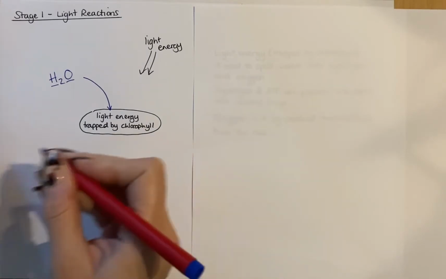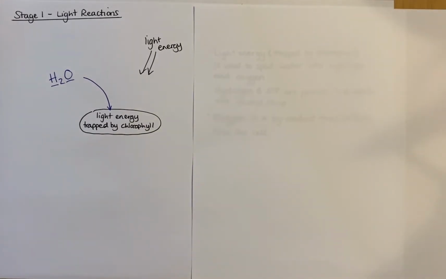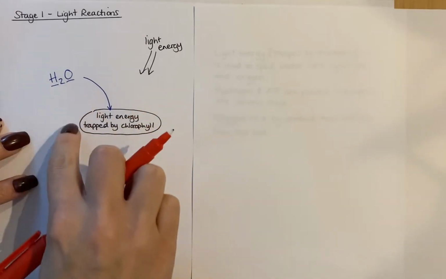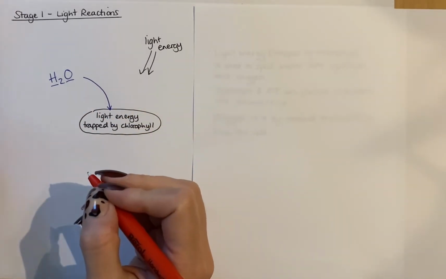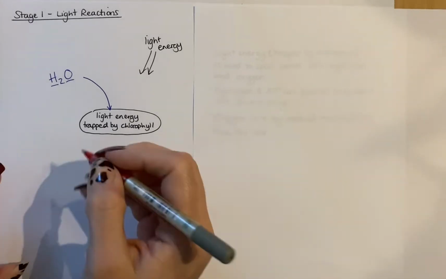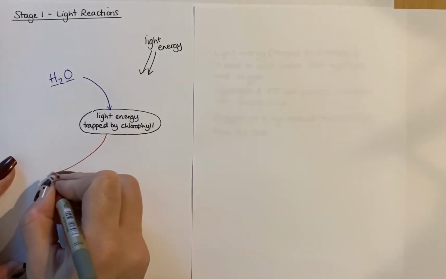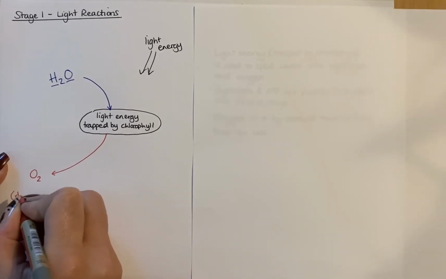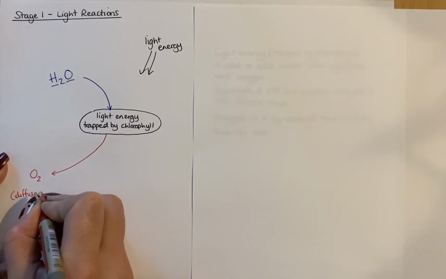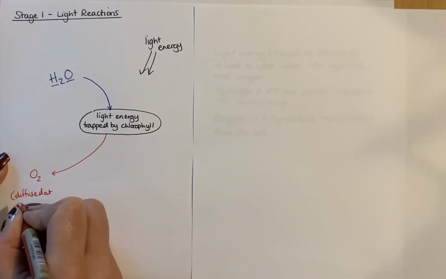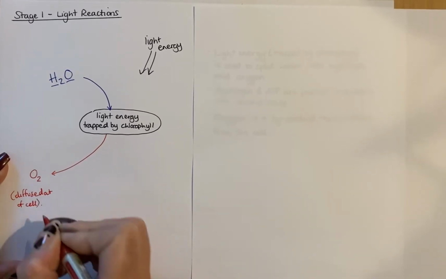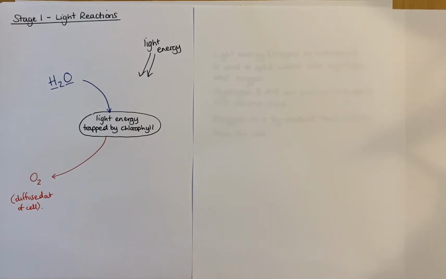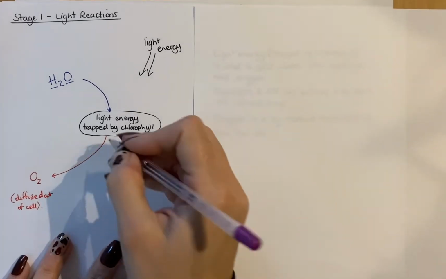So what is produced as products of the light splitting up water are two things. We produce one of our products, which is oxygen, which is released by being diffused out of the cell, and then will end up being lost through the stomata. And then we also produce another thing.